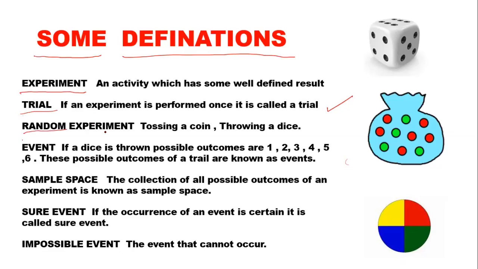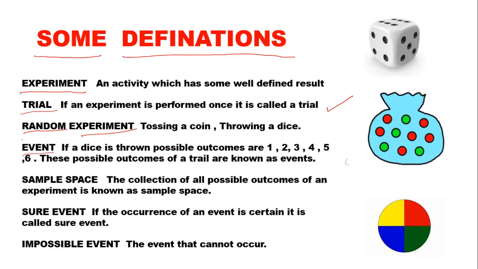A random experiment is one in which, if we roll a die, there is equal possibility of getting all of the outputs like 1, 2, 3, 4, 5, 6. The chances of all of them coming are the same, like when we toss a coin, the chances of head and tail are both 50-50%.